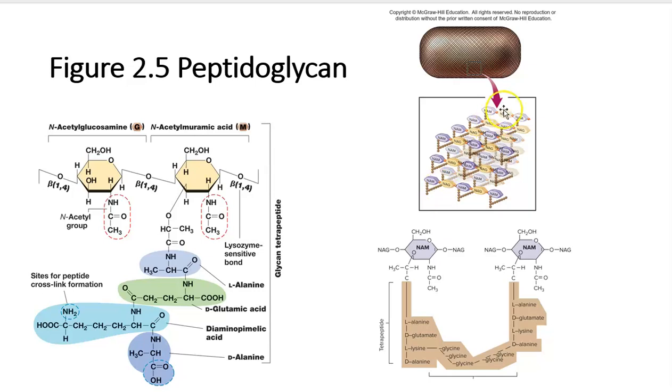You get this lattice work, and they're just tied together, NAG, NAM, NAG, NAM. And it makes this cross-hatch lattice work around the cell. You can take a look at these two different biochemicals, but I don't expect you to memorize it, so don't go crazy.